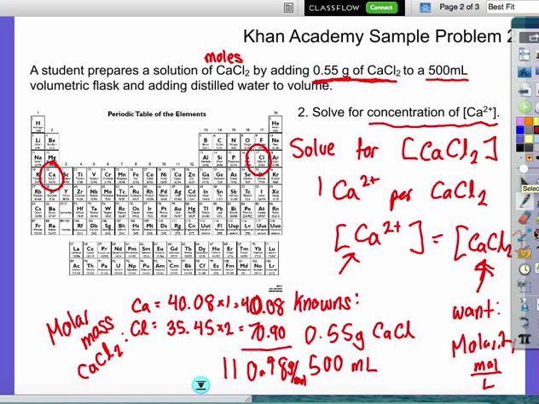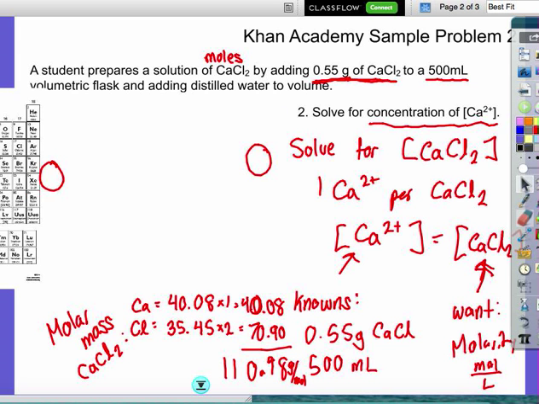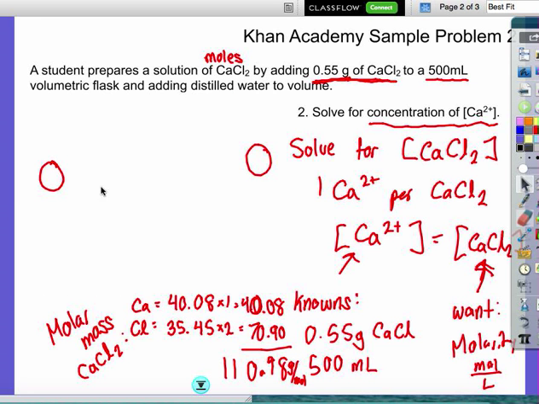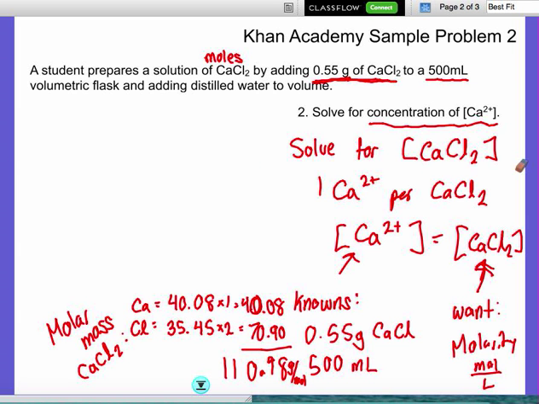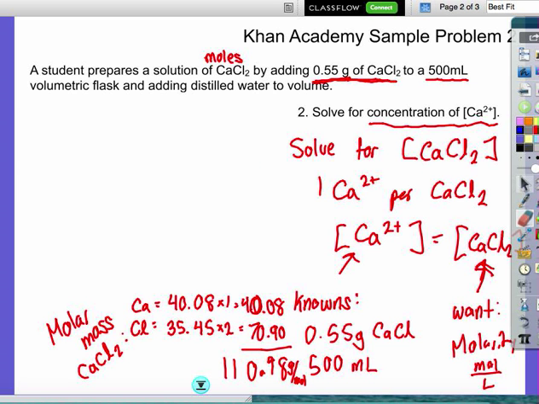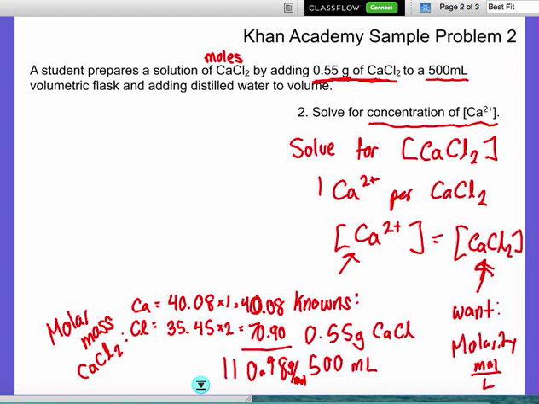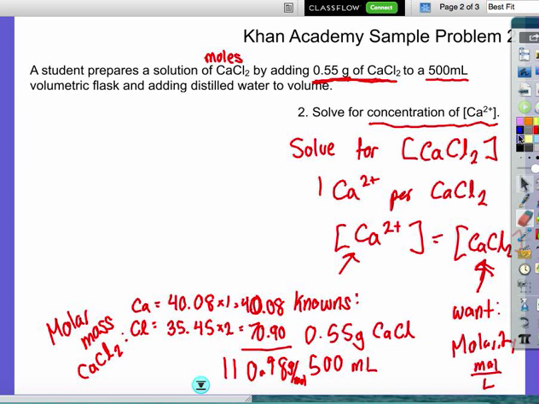So let me make us some room over here. We don't need the periodic table anymore. And I'm going to switch colors now that we have everything we need. We're going to do a dimensional analysis problem starting with what we were given.